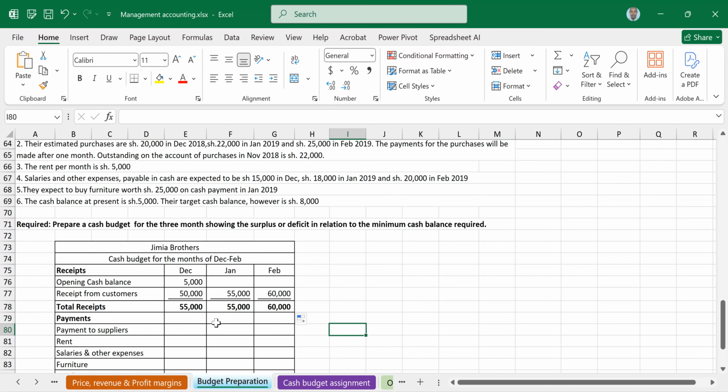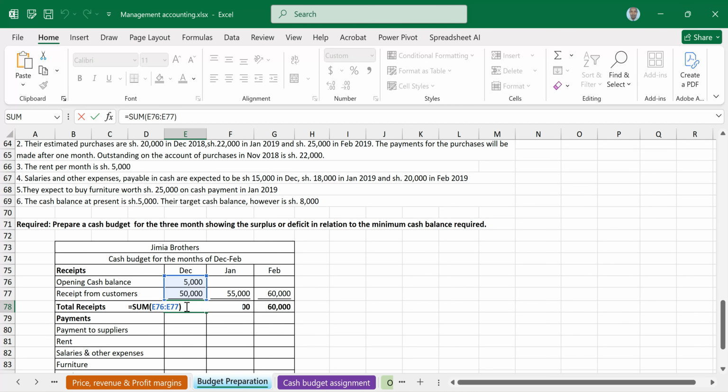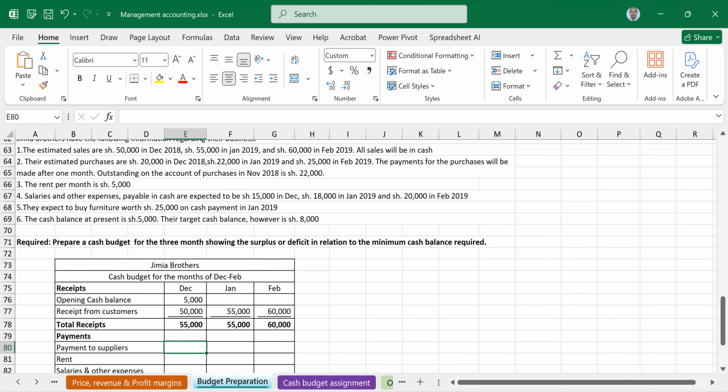Then we have payments. Remember, these things have formulas. Alt equal to get the total. Now, payment for suppliers, that was in additional information number 2. Their estimated purchases are 20,000 in December 2018, 22,000 in January 2019, and 25,000 in February 2019. The payment for the purchases will be made after 1 month.